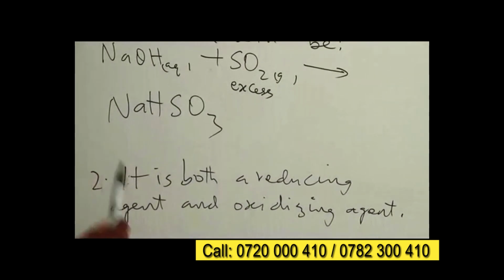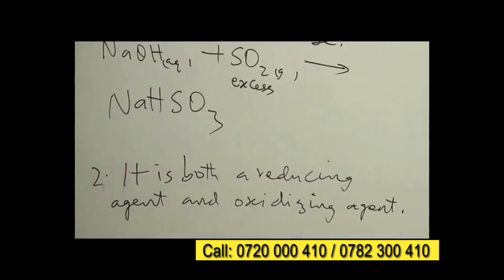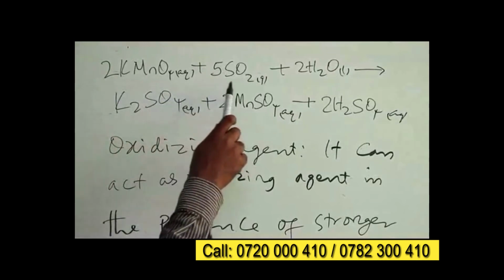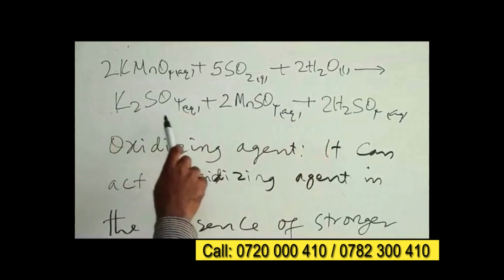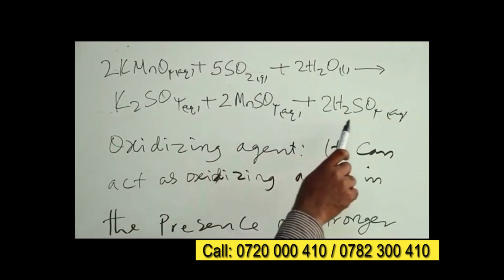Number 2. It is both a reducing agent and an oxidizing agent. As a reducing agent: 2KMnO4 plus 5SO2 plus 2H2O going into K2SO4 plus MnSO4 plus 2H2SO4.